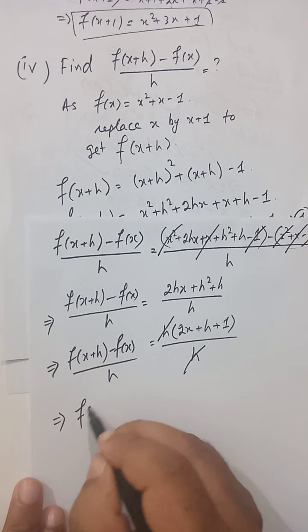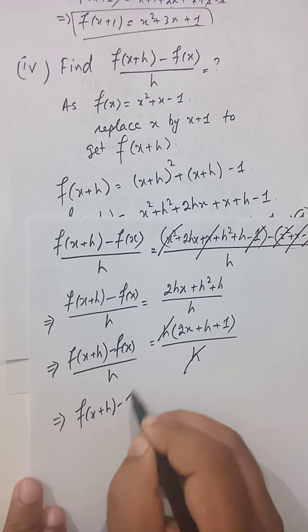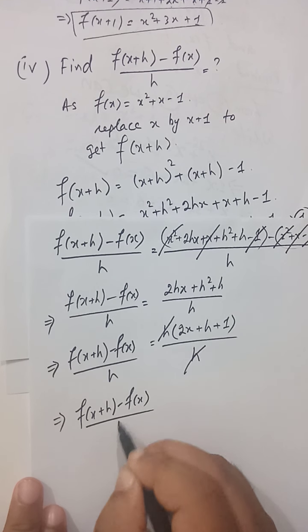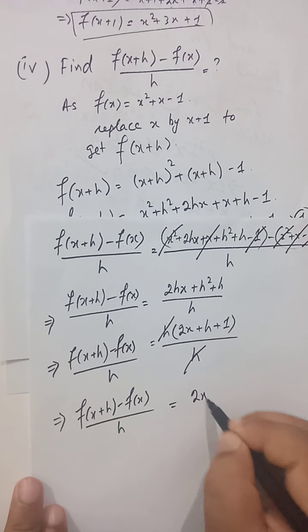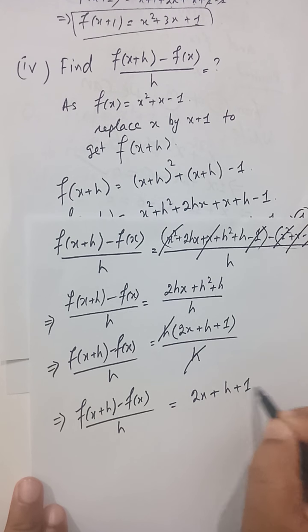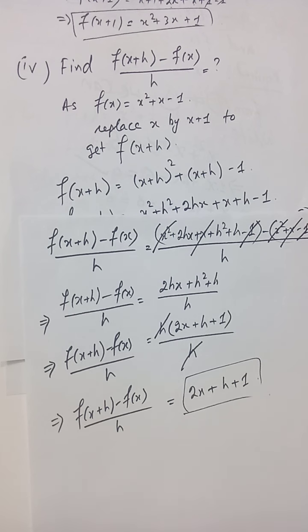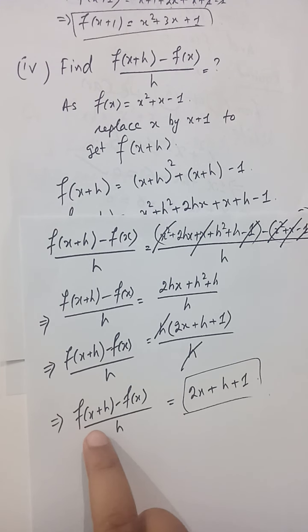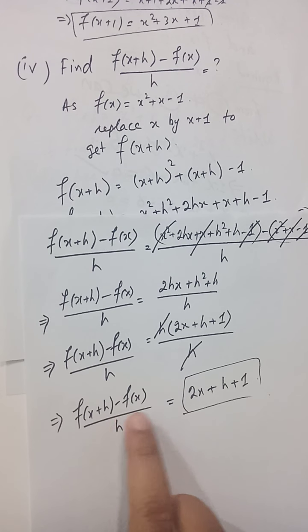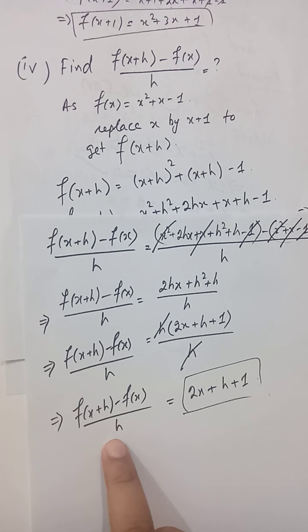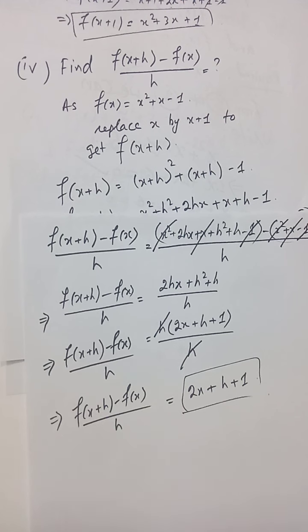So f of x plus h minus f of x divided by h is equal to 2x plus h plus 1. Here h is a constant. So this is the required value of f of x plus h minus f of x divided by h. So this is part number 4 of question number 1.